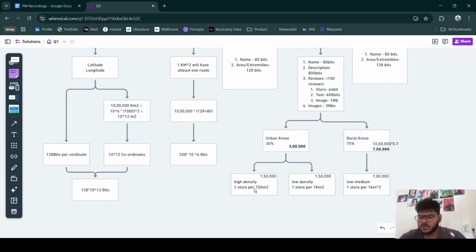So 1 kilometer square. If it is around one store per 100 meter square, so around one store per meter square.